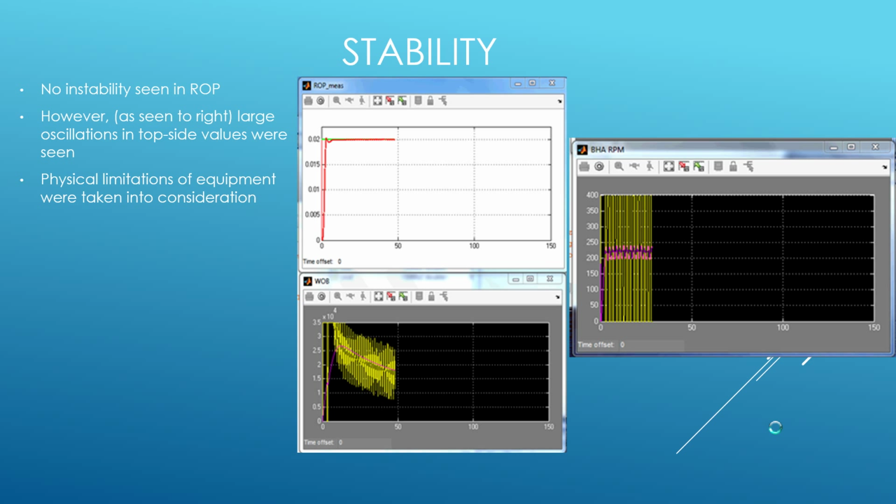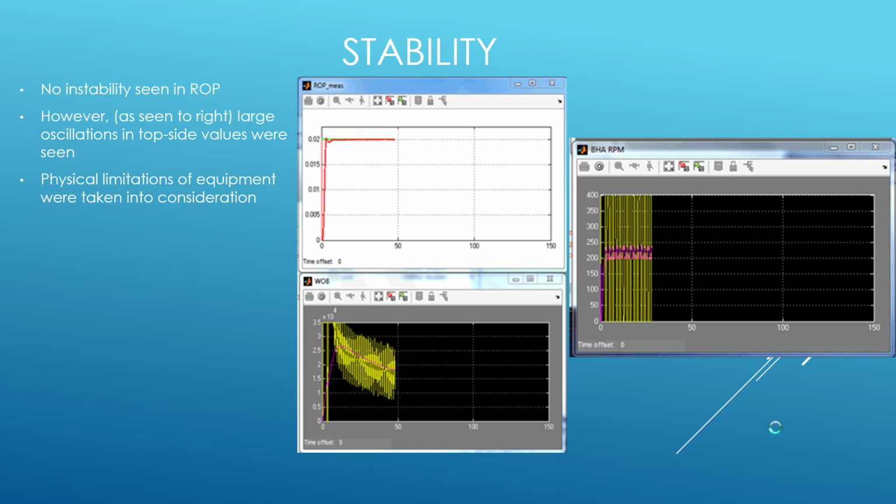They were oscillating pretty rigorously, and we didn't want the top side RPM to be maxing out and going to 0 and then maxing out and then going to 0, and the weight on bit hydraulics to go full weight and then pulling back. That's just not physically possible, or it's not good for the equipment to be doing that.